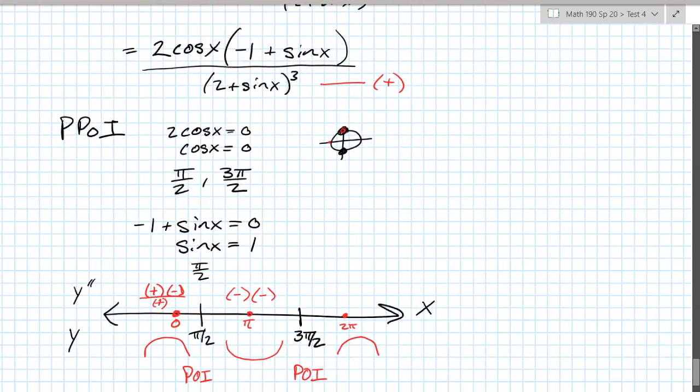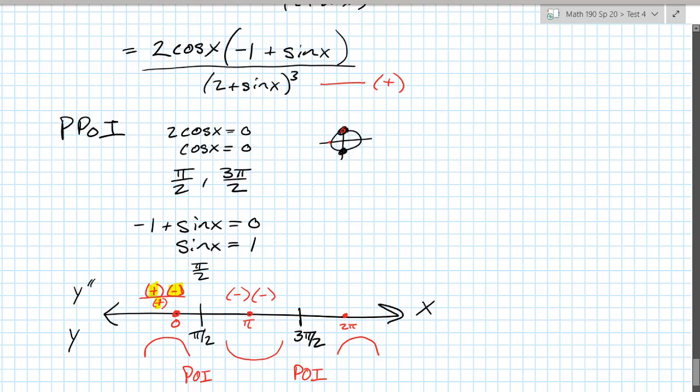When x is 0, 2 times cosine of 0 is 2 times 1, so that is positive. Negative 1 plus sine of 0. Sine of 0 is 0, so that is negative here. The denominator is always positive there, so it is positive times a negative, which is concave down.